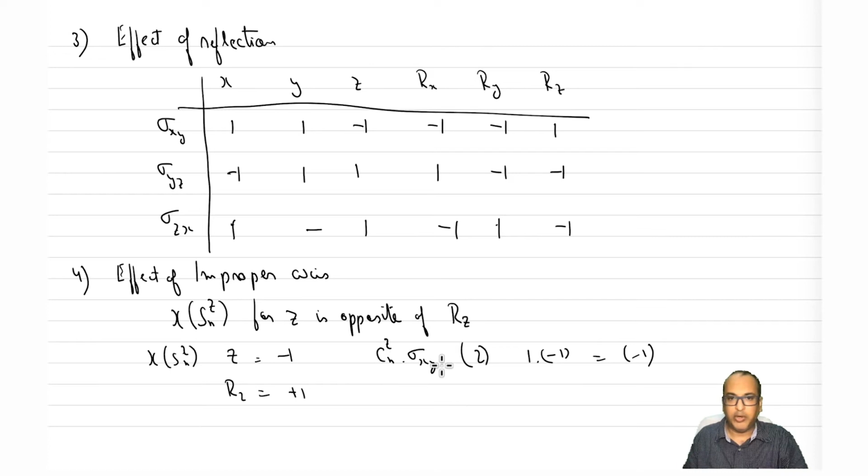Whereas if we are doing it onto Rz, Cn Z on Rz will remain the same, whereas sigma XY on Rz, we can read from here, is positive 1. So you will get the product as positive. So this will be opposite of the two, right? So the character will be opposite for Z and Rz. Okay, so that is easy.